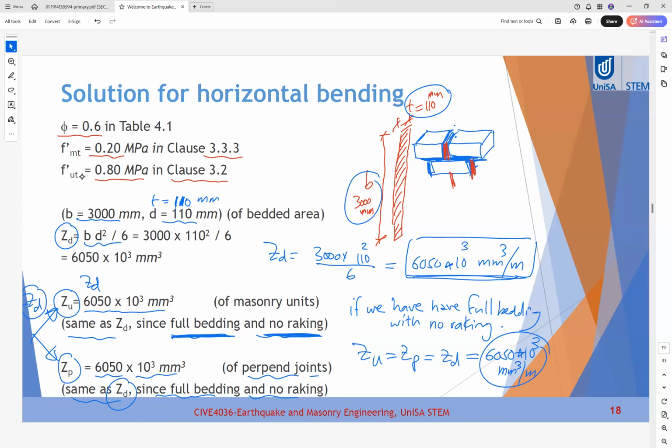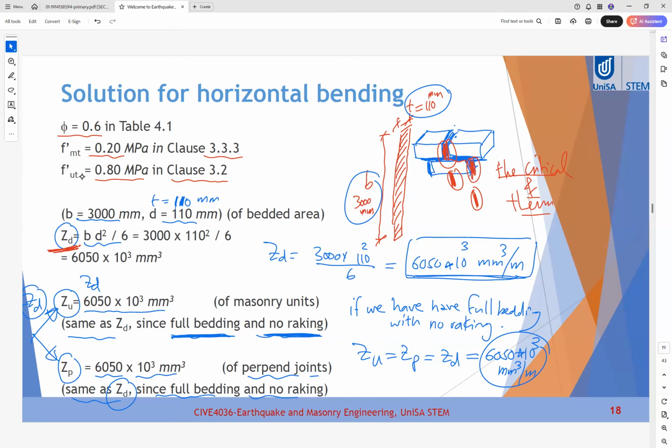This line is the resistance of the pre-bend in this direction, so this will be the critical one. We assume all of them the same, because if you have three things, one of them will fail first. So which one is the critical? This one. Because we have full bedding and no racking, the critical of the three will be ZD, so we take all of them as ZD.